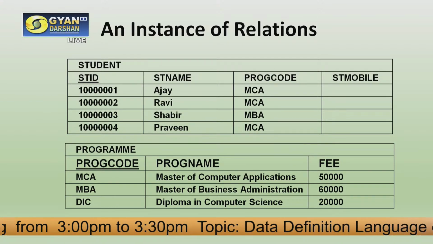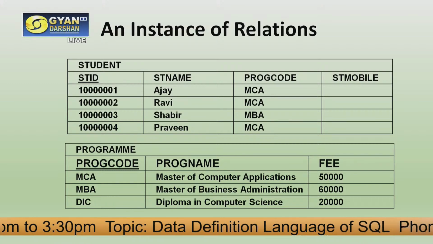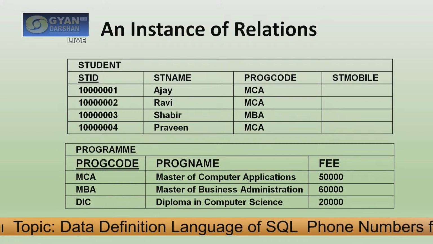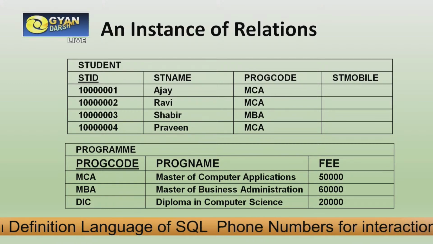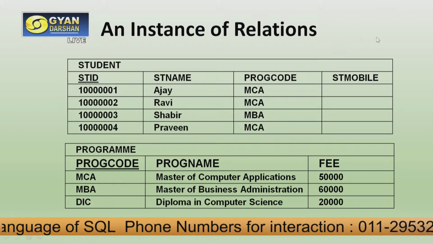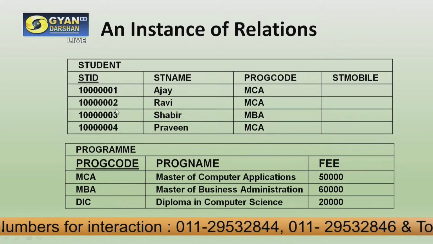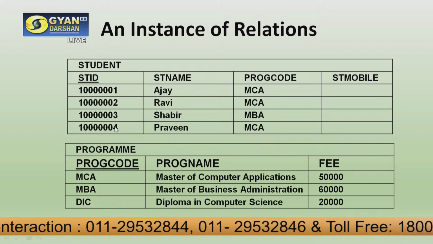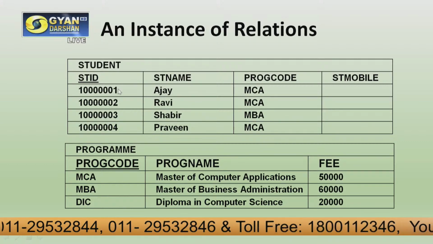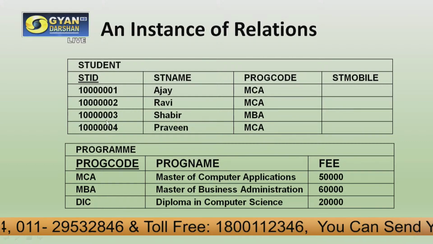Now, if you look into a particular instance of these 2 relations, what you can see here is that the student ID looks numeric, but we will not be considering this field as numeric. Why?